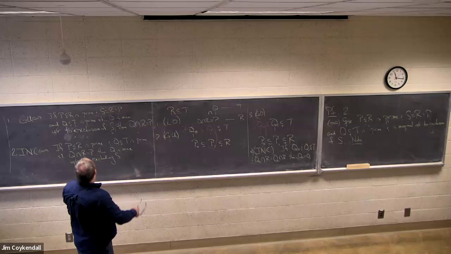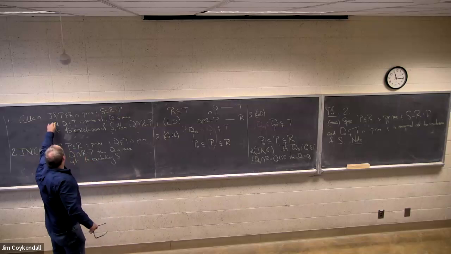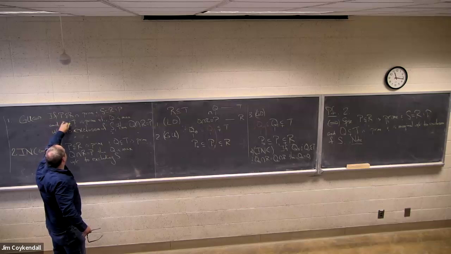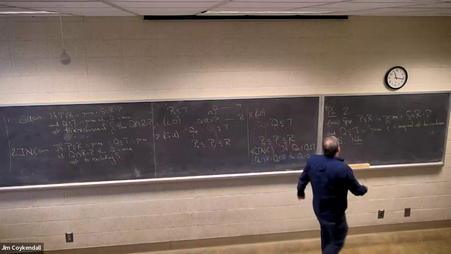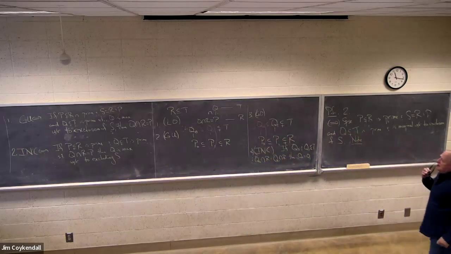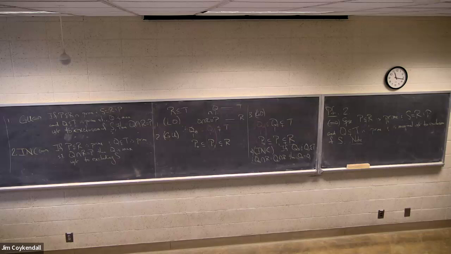So here's where we're going. We've got going up and we want to show this property is true. So I've got P in R prime, S is the complement, and Q is maximal with respect to the exclusion of S. We need to show that the intersection downstairs is exactly P.